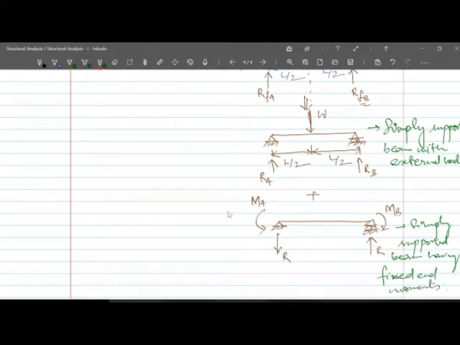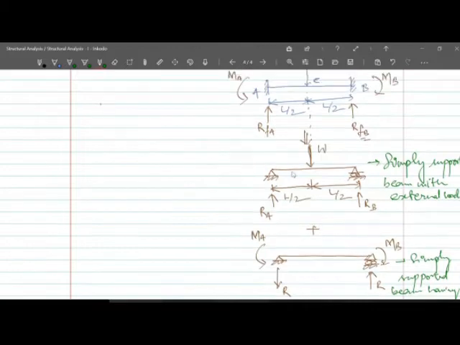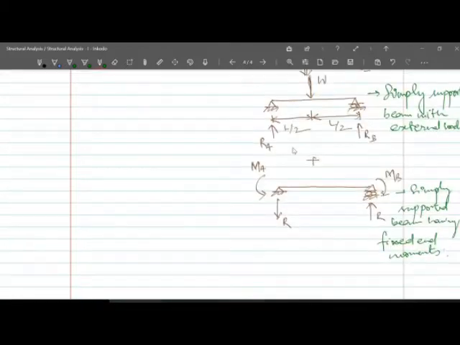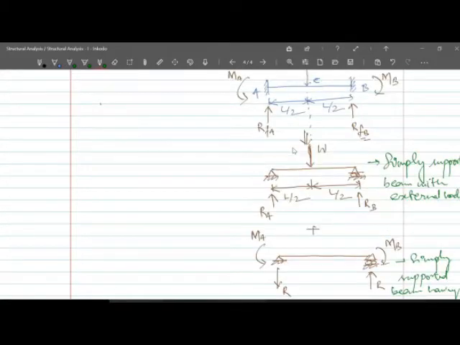Okay, so this is what we have, or we have disintegrated the fixed beam as case 1 and case 2.